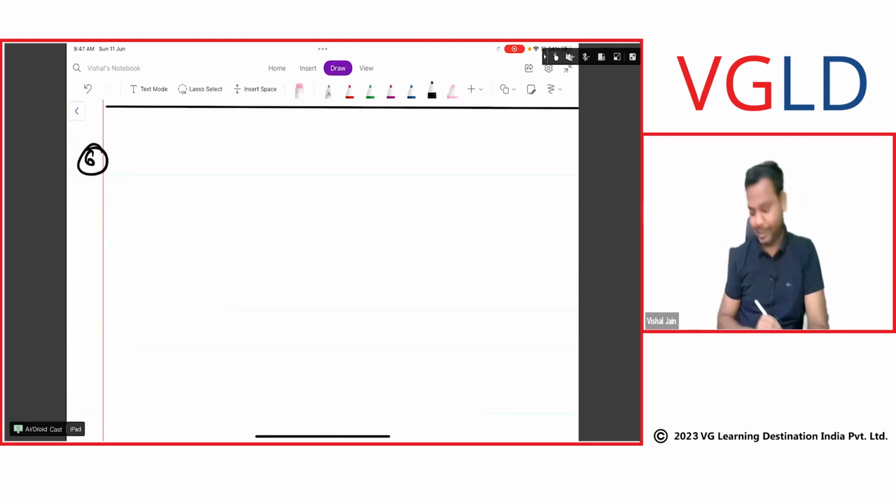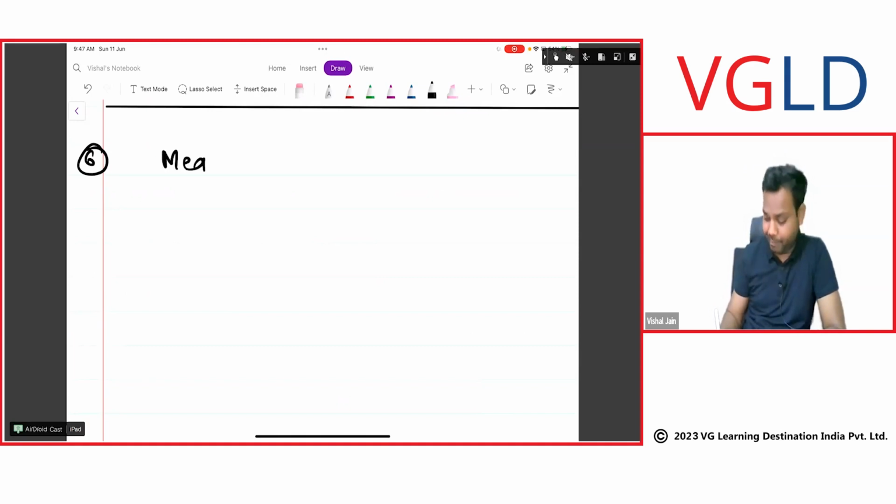Point number 6. So I was discussing the initial cost. Now I will start from here: measurement principle.